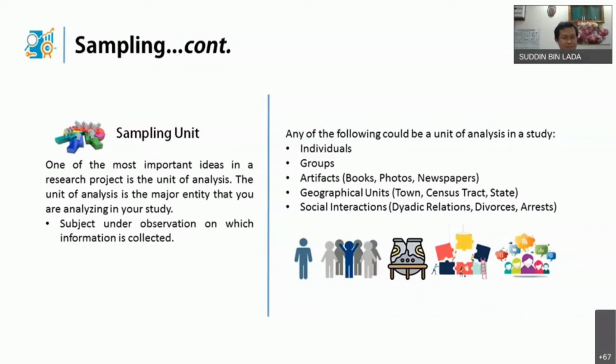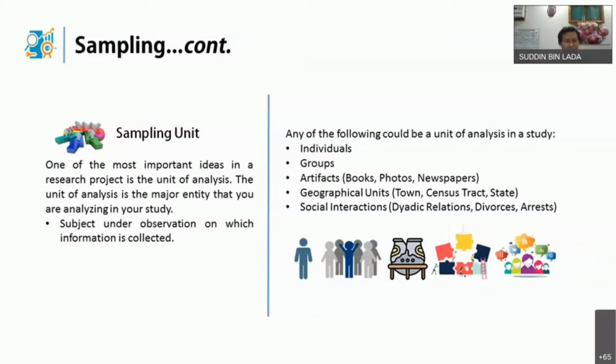Because of COVID-19. Then again, a sampling unit could be an artifact, books, photos, newspapers, and a very popular one is the geographical unit. You need to study only Kota Kinabalu, the effect of COVID-19 from the economic perspective in Kota Kinabalu, for instance. So in town, you can interview individuals, the owners of the shops, the social workers, or maybe you want to study the frontliners.